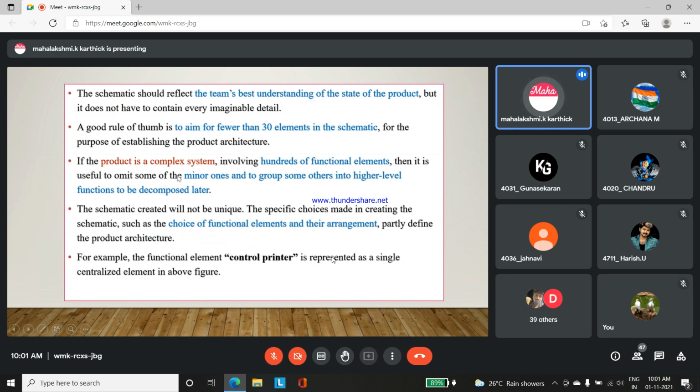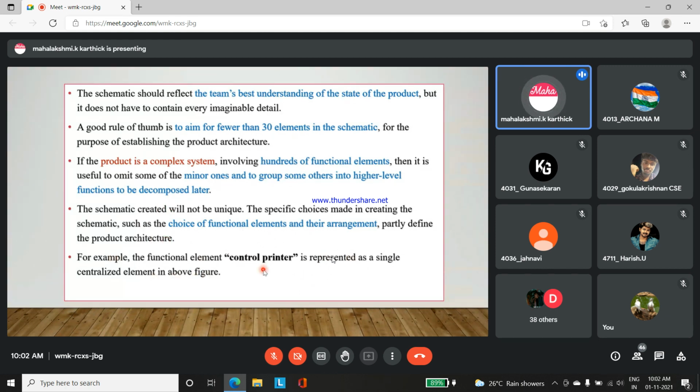If you are going to consider a complex system or complex product, obviously there will be hundreds of functional elements and physical parts. In that case you can avoid some minor ones and group others into higher level functions, and decompose again later. Only in the case of complex systems. That is the point you have to remember. That is enough for the step 1 process.